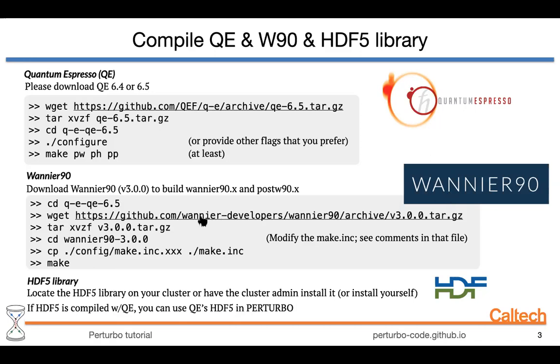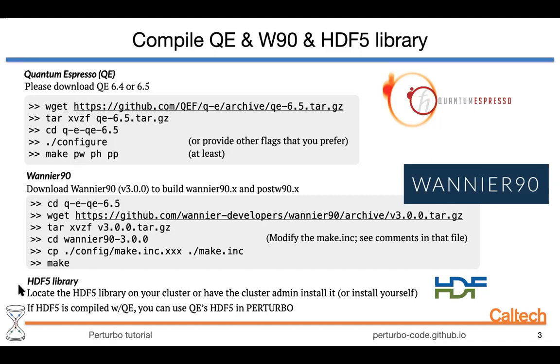Once you get the source code, you change into the Wannier90 directory, and there they provide some example files for make.inc. You just pick the one most related to your system, then modify make.inc and simply type make.